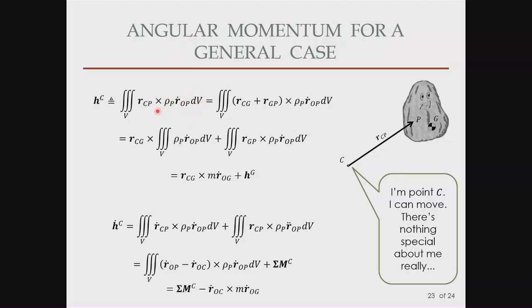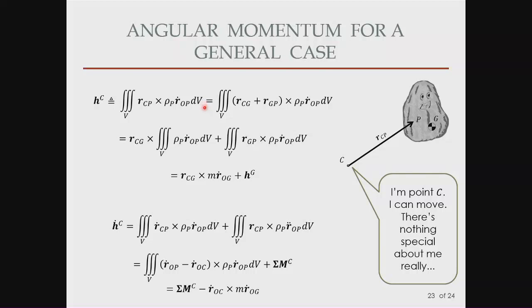So this is the linear momentum. It has to be with respect to some fixed point O, right? And this is the vector going from C to P. So it becomes, by definition, the angular momentum about point C of a piece of volume, and then I'm summing all of them using this integral.